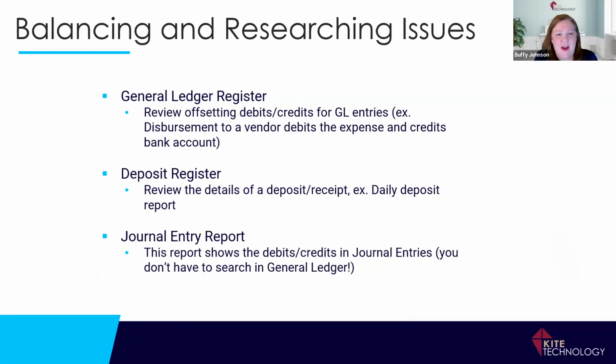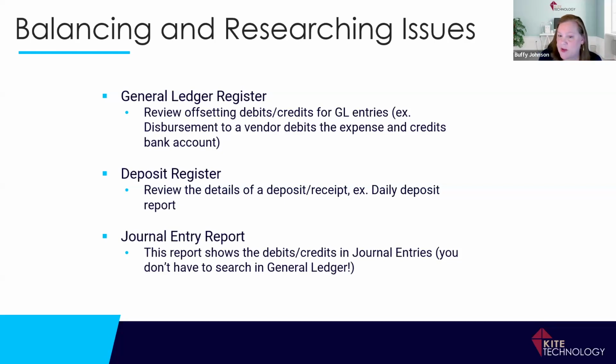Very good. All right. So balancing and researching issues. The general ledger register, that is a report. That's kind of that first one that I went to when I told you on my first day. I thought that was the GL report. But if you are looking for a specific debit credit relationship transaction, like if you enter a receipt or a disbursement, if you run this report for that, it'll show you what the offset was.